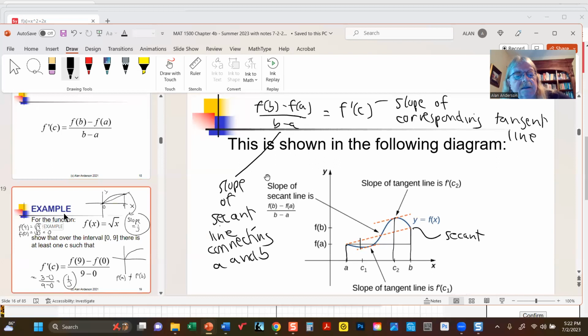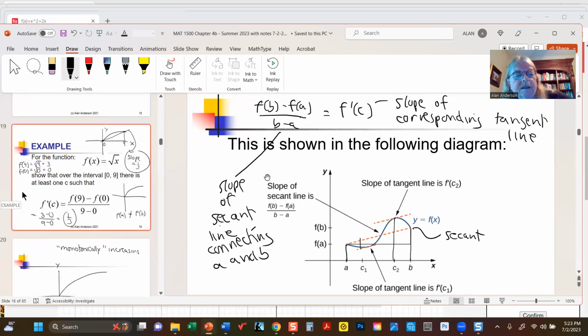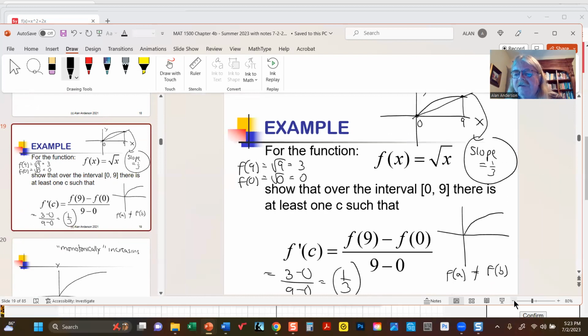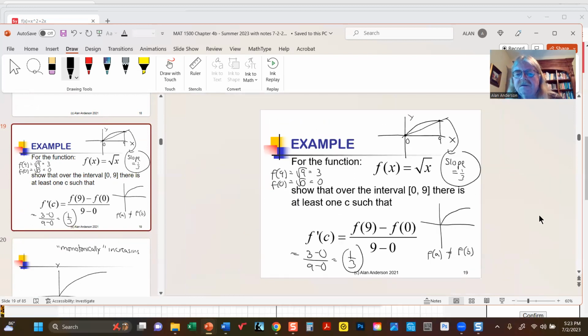Okay. So here's a specific example. y equals f of x equals the square root of x. Suppose we're considering the interval from 0 to 9.